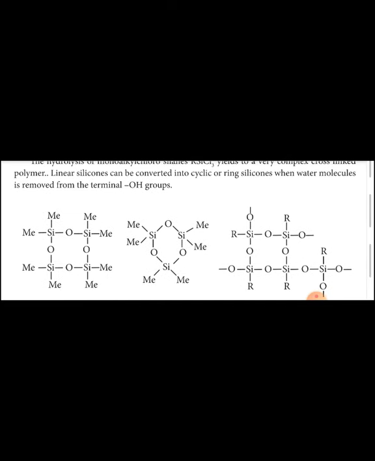See the third picture. No need to learn the first and the second one; learn only the third picture. Here only one R is there, one Si is there, and 3 oxygens are there. So RSiCl3 yields a very complex cross-linked polymer.